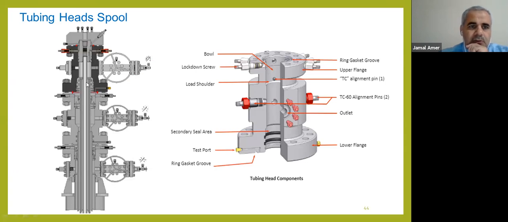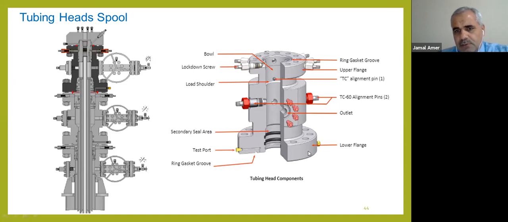The last part of our wellhead is the tubing head spool. We see the tubing head spool with its parts here. We have a lockdown screw, a port, and a gasket. This is the upper flange, which connects to the Christmas tree flange. This flange connects to the last casing head spool.